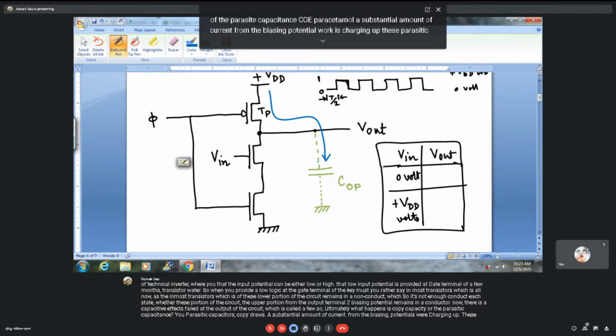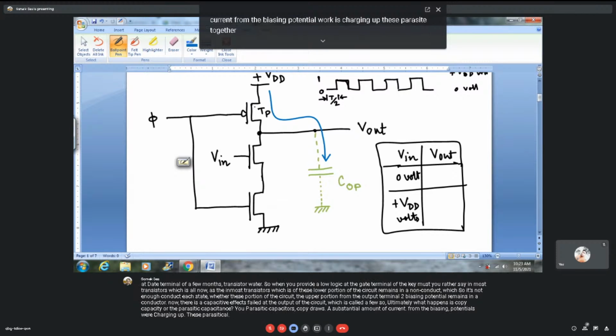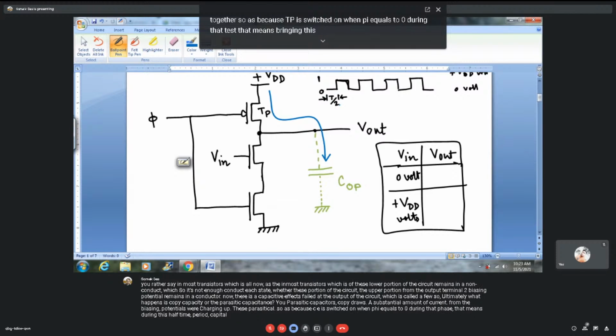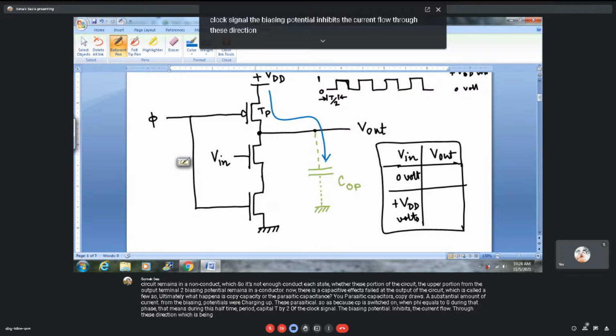Because TP is switched on when phi equals 0, during this half time period T/2 of the clock signal, the biasing potential drives current flow in this direction, denoted by this blue arrow, charging up this output node parasitic capacitor.